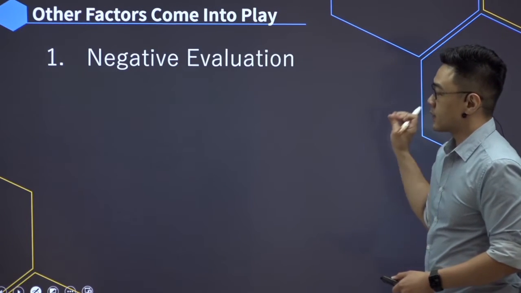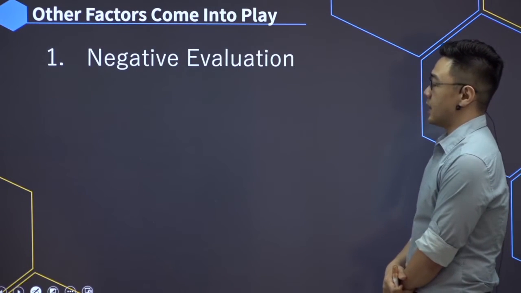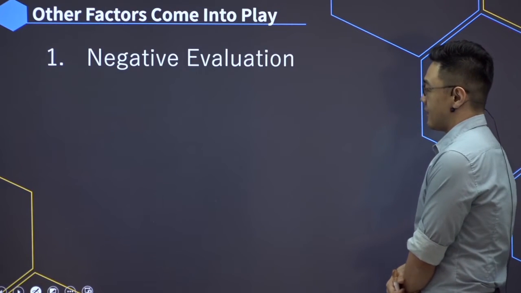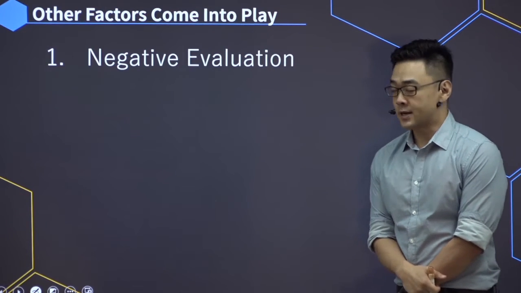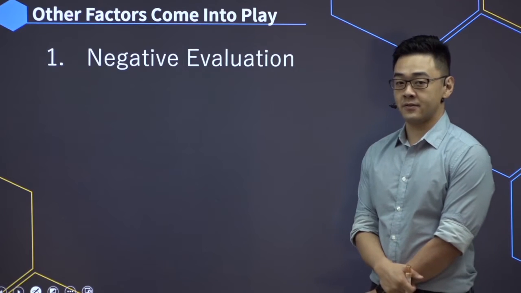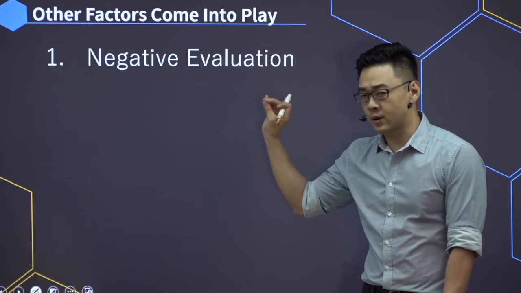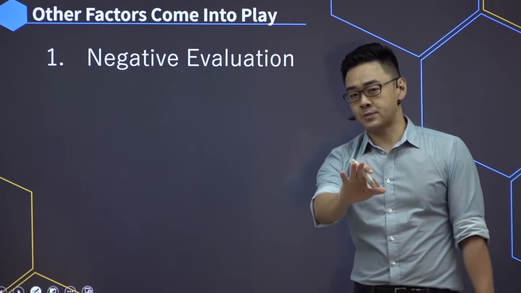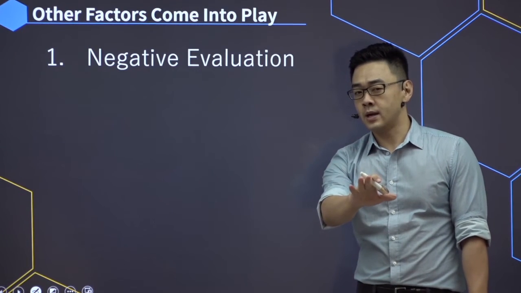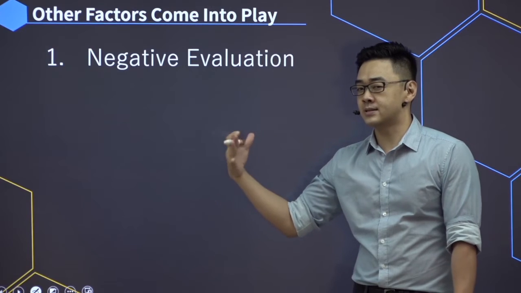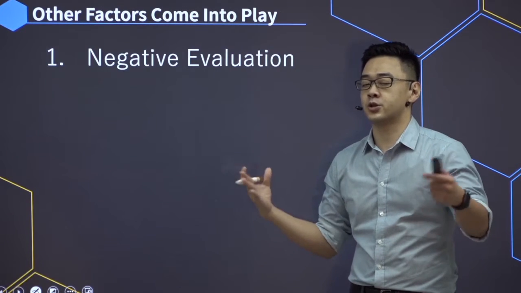Let's keep going. So other factors that we have to consider is that negative evaluation. Sometimes we give words that has negative meanings. So for example, if I say something like, oh, this concept is very difficult to understand, I don't expect you to understand this right away, but just keep listening and see what, just pick up as much as you can.